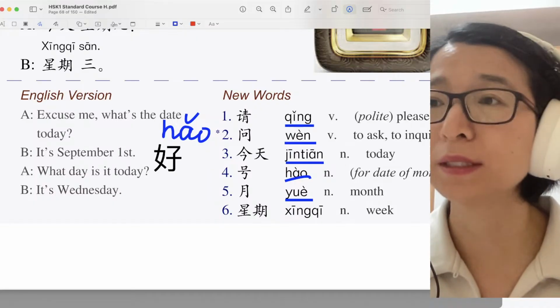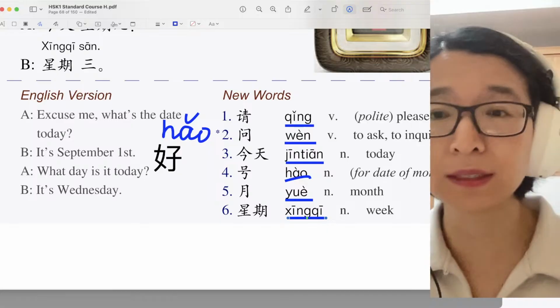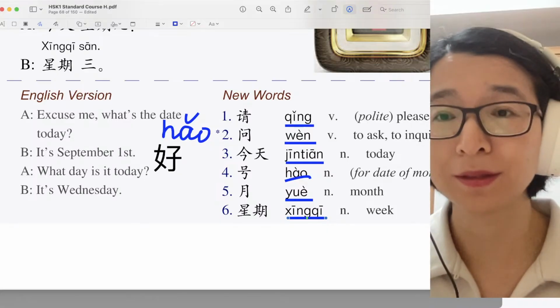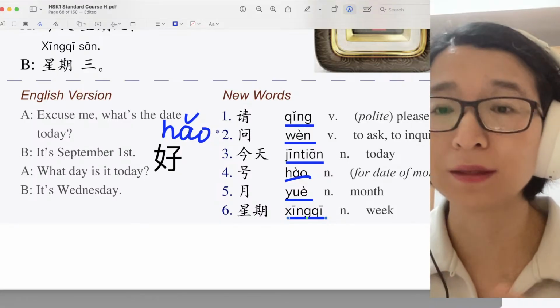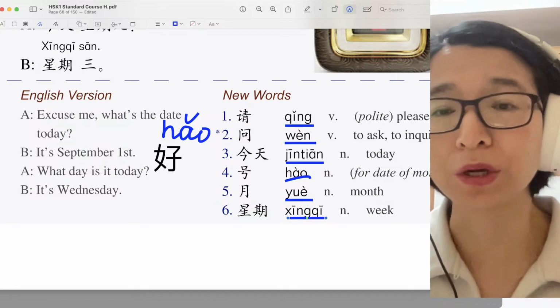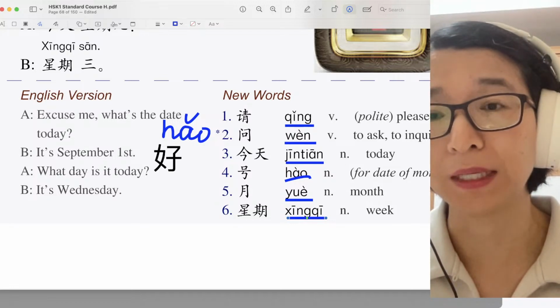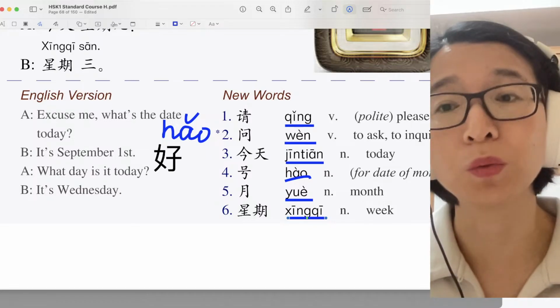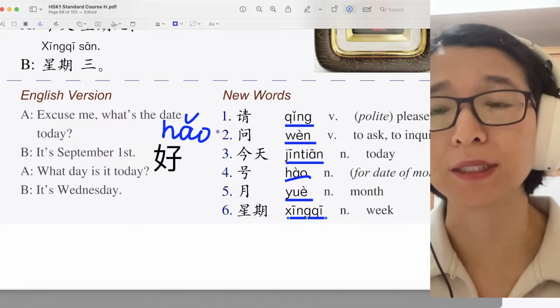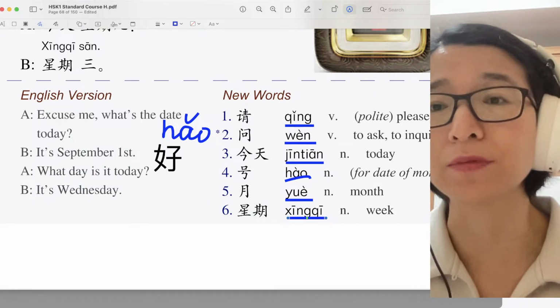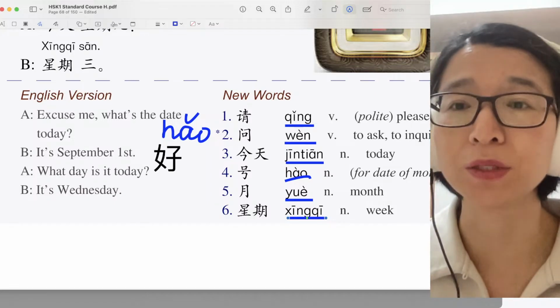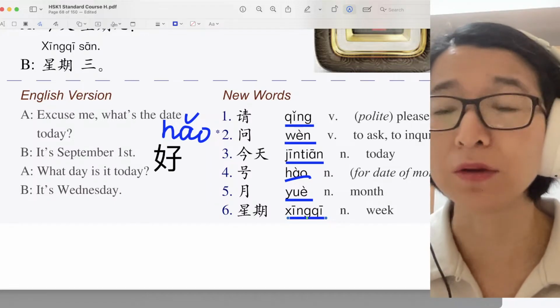Next word, 星期. Week. Oh, here is another thing I would like to share with you, how simple Chinese is, because we use a very straightforward way to say each day of the week.